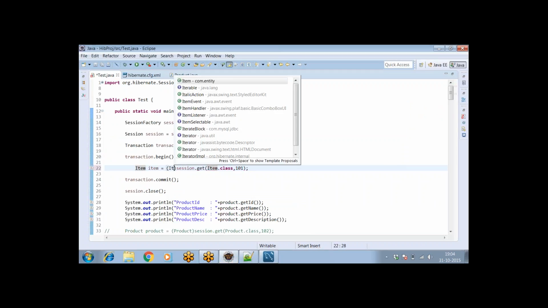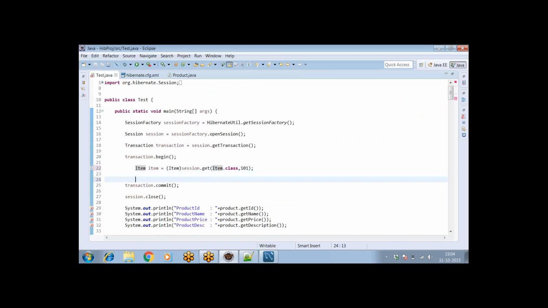You know that for this item object you have bids associated. For an item, there can be 0 bids, 1, or more than 1. Any number of bids can be associated to that item object.